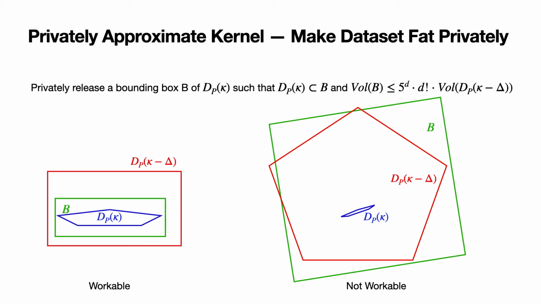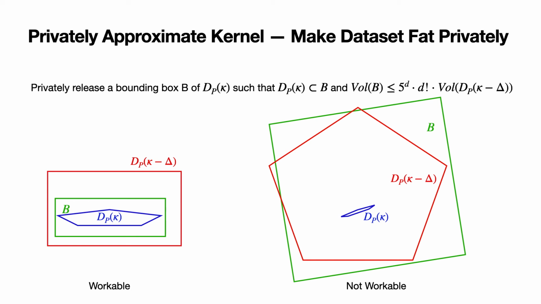Note that, in this way, we can only make the kappa Tukey region into a fat one if the volumes of the two regions are close. But if they are not, we have no guarantee. The figure on the right is an example, where the kappa minus delta Tukey region has a much larger volume than the kappa Tukey region.